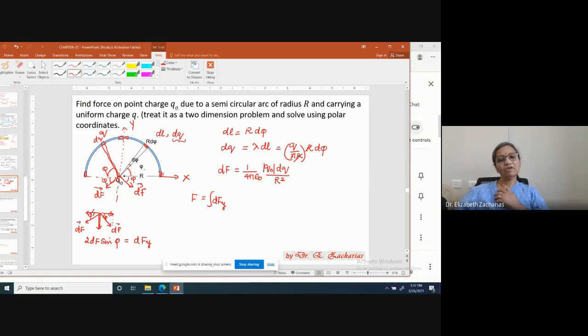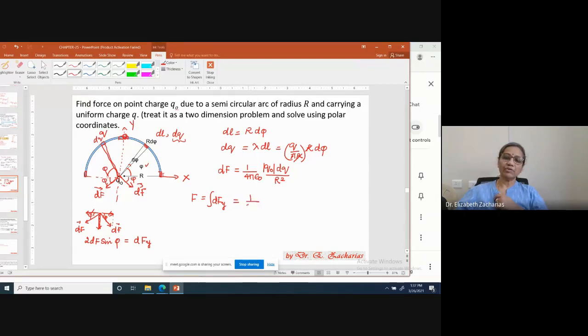Phi value will be 0. When you take an element here, what will be the value of phi? Phi is this angle. Here, pi by 2. That's right. So we are going to take all elements from phi equal to 0 to phi equal to pi by 2.